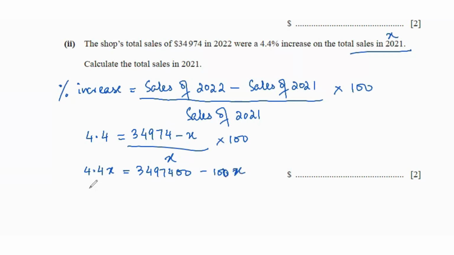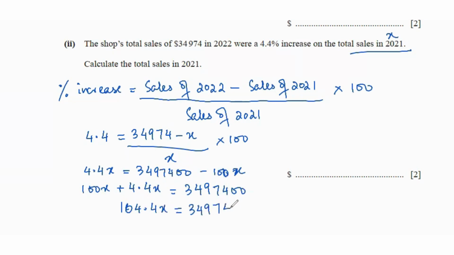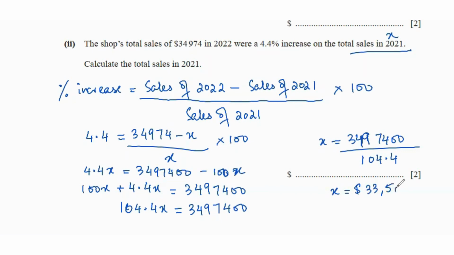So we'll bring the 100x to the other side. So 100x plus 4.4x equals 104.4x. Now we divide the two quantities. So x is going to be $33,500.